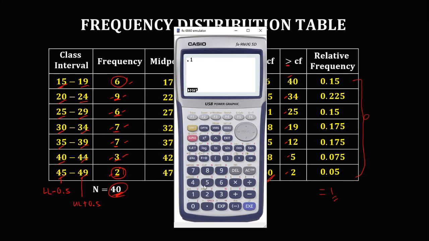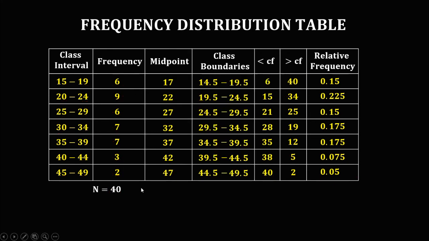So 0.15 plus 0.225 plus 0.15 plus 0.175 plus 0.175 plus 0.075 plus 0.05, the answer is equal to 1. So this is now our frequency distribution table.